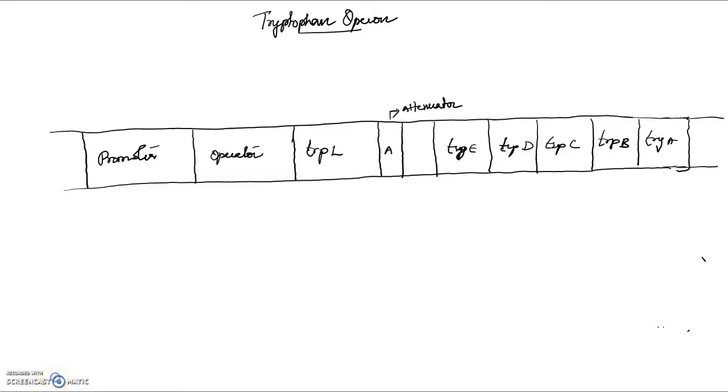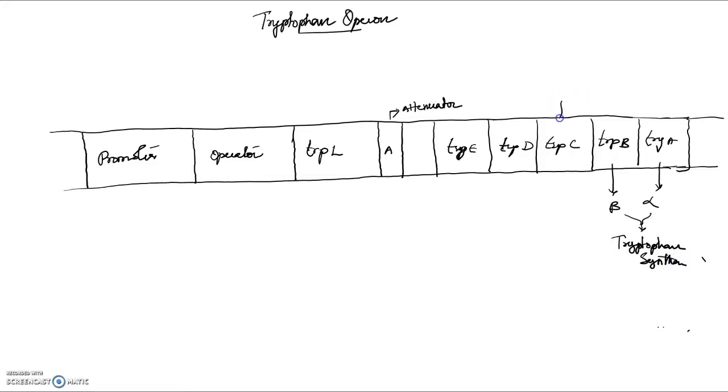Now what do they do? Tryptophan A synthesizes alpha subunit. Tryptophan B synthesizes beta subunit, and both of them together form tryptophan synthase.